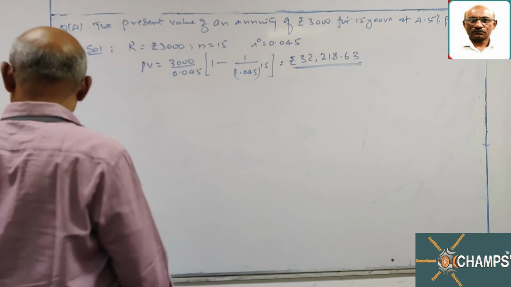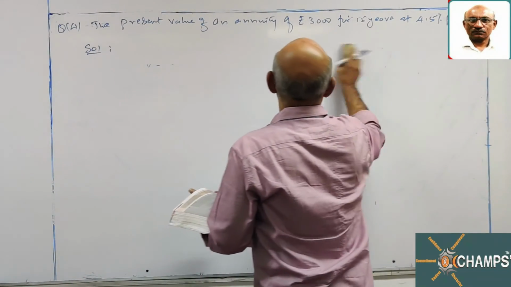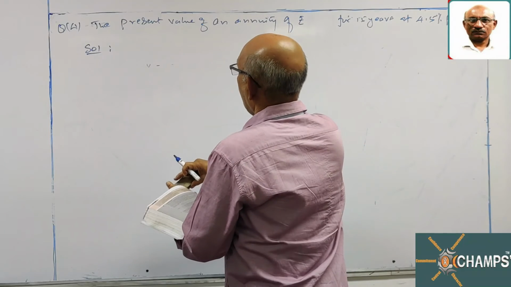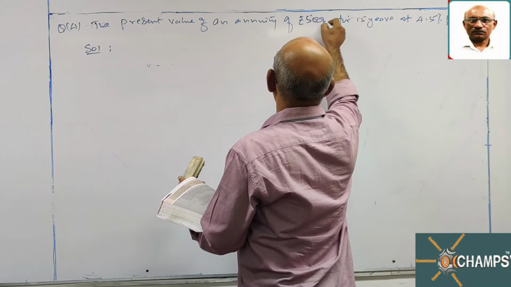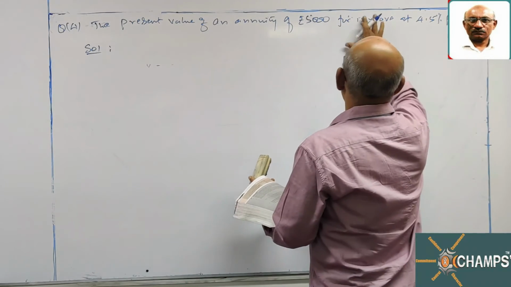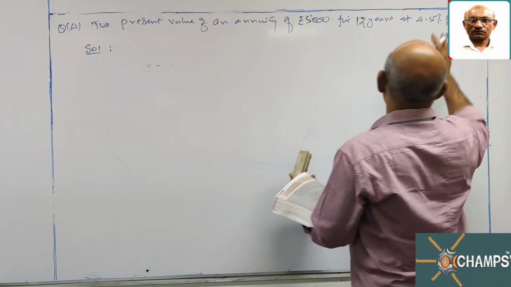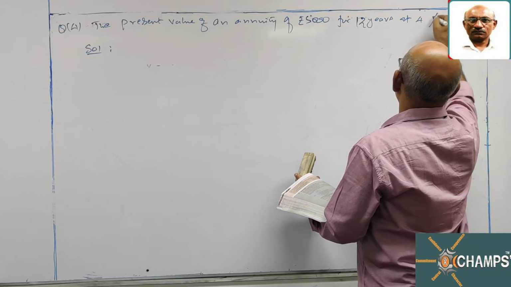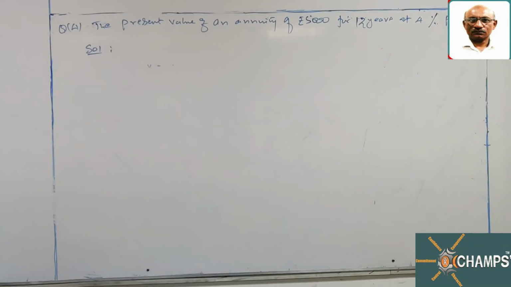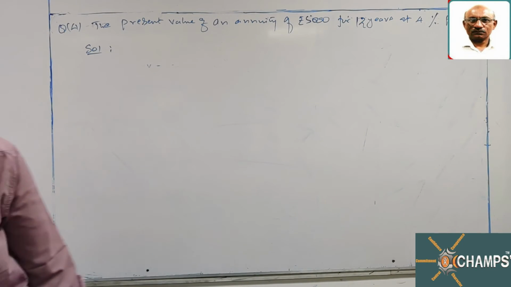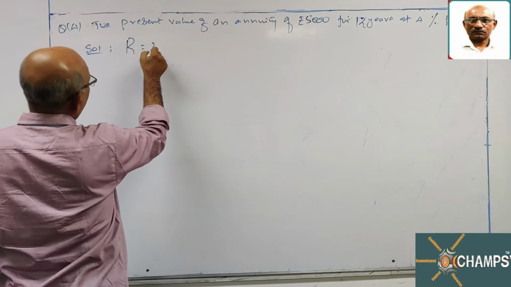See the next question. The present value of an annuity of rupees 5,000 for 12 years at 4% per annum compound interest is... R is equal to rupees 5,000.